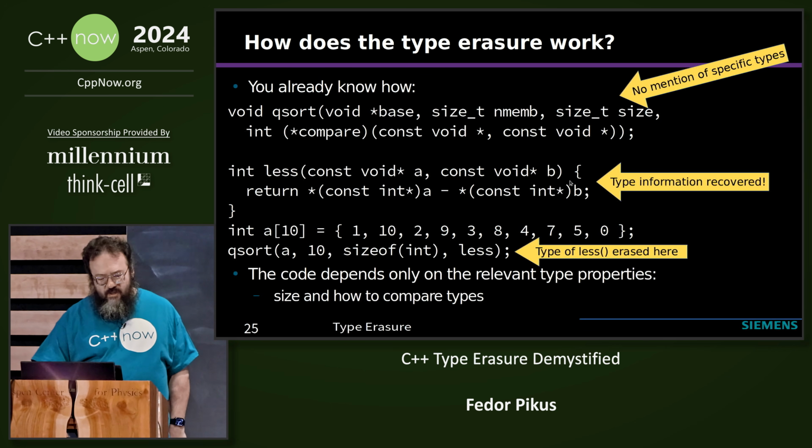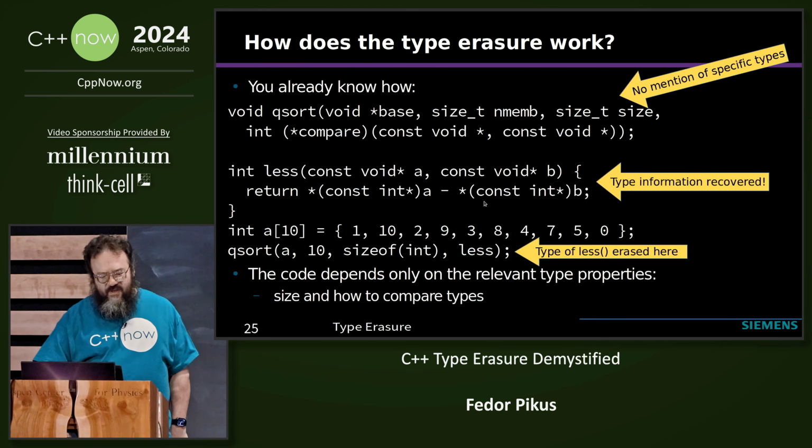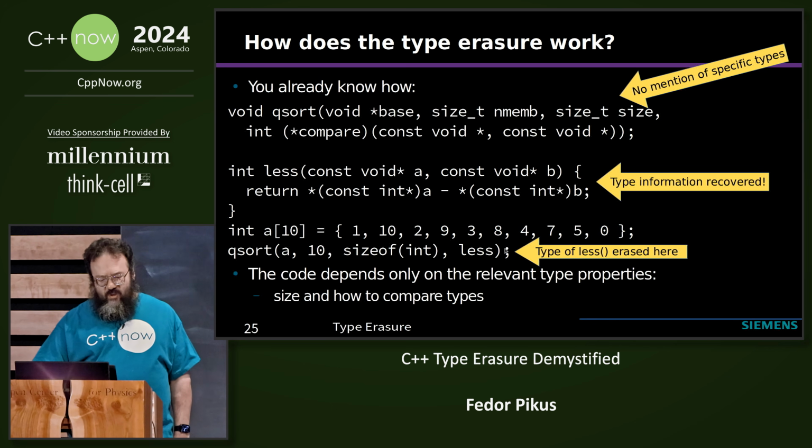So what do we do? My signature is fixed, but I know what I'm writing this for. So inside the function, I'm going to recover the type information, even though the signature is typeless. This is basically the entire type erasure mechanism, seen right here.